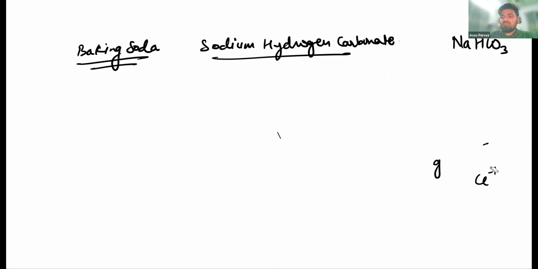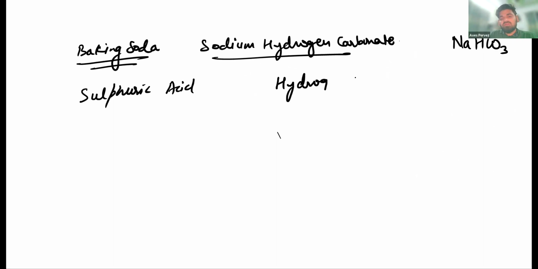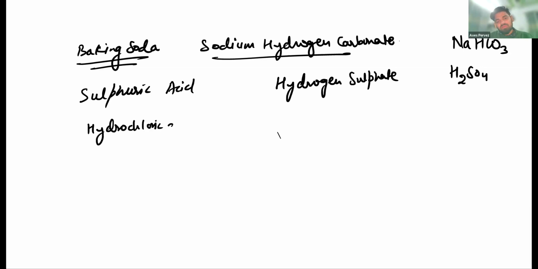So you can easily write sodium hydrogen carbonate, but the next one is sulfuric acid. Sulfuric acid's chemical name is hydrogen sulfate and its formula is H2SO4. Hydrochloric acid is HCl.